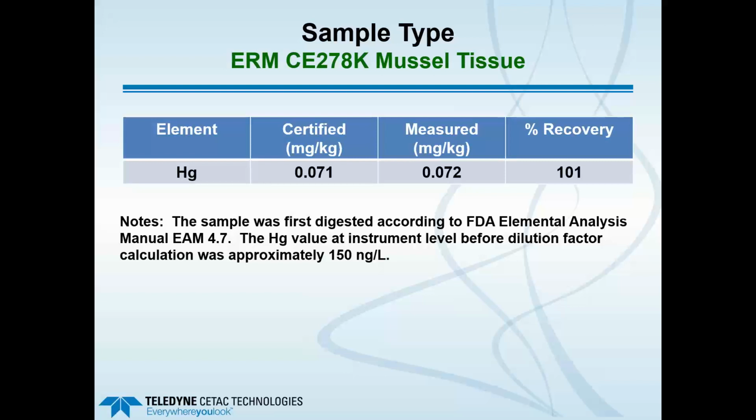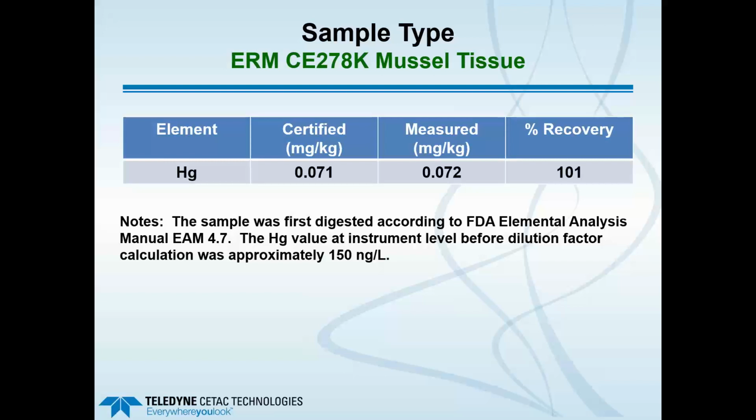So we then looked at this muscle tissue sample. There is the description of the tissue. It's an ERM muscle tissue sample, and it was first digested according to the FDA Elemental Analysis Manual, in this case 4.7.